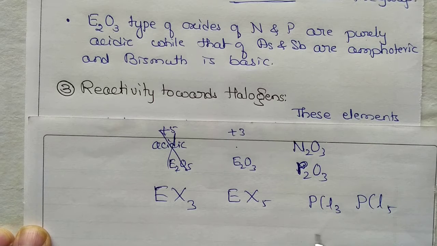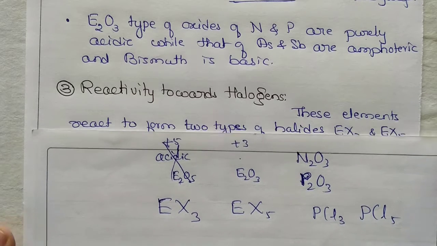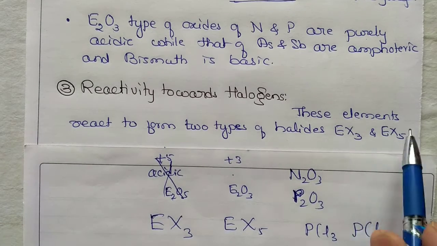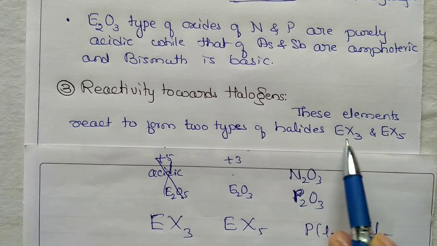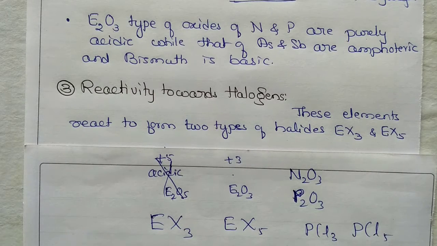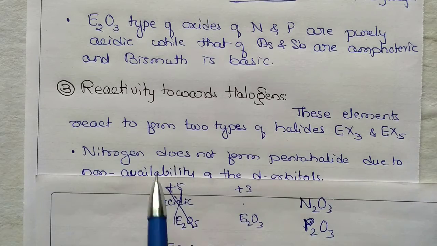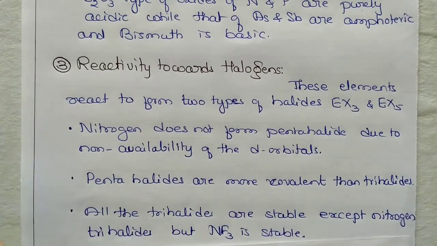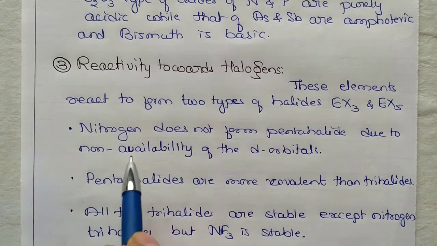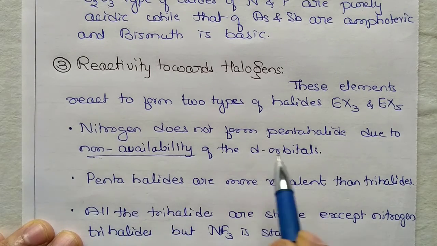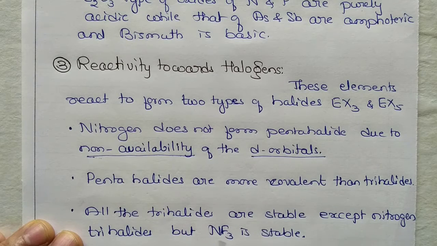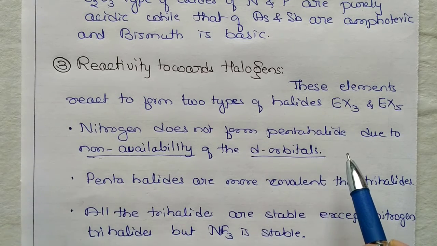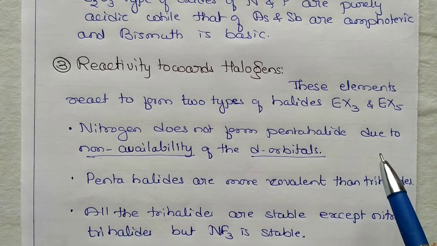Nitrogen does not form a pentahalide. Why? Because of the non-availability of d orbitals. So we cannot have nitrogen pentahalides.